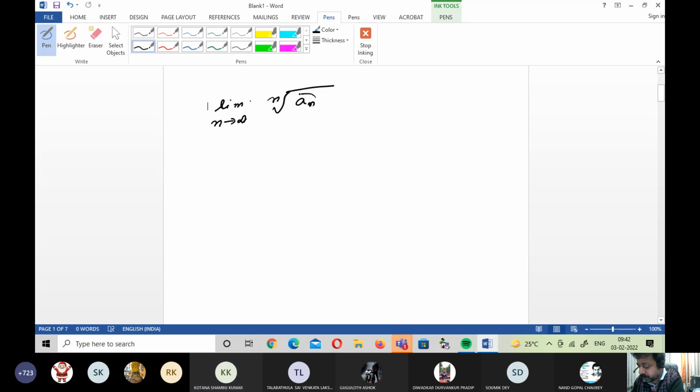What is a of n? A of n is the nth element of the series. Now, if this L is less than 1, then it is convergent. If L is greater than 1, it diverges.